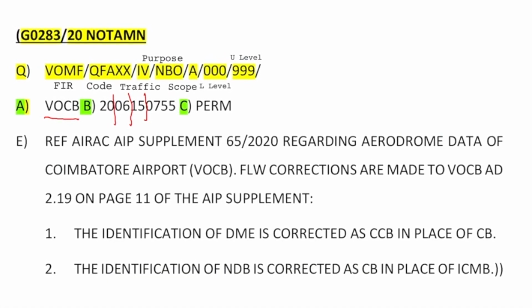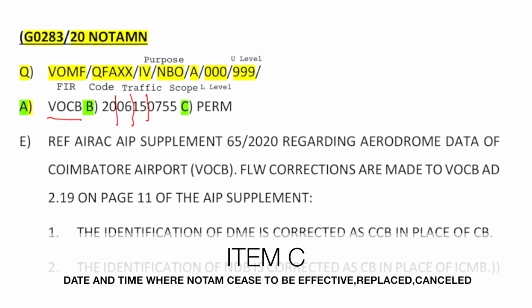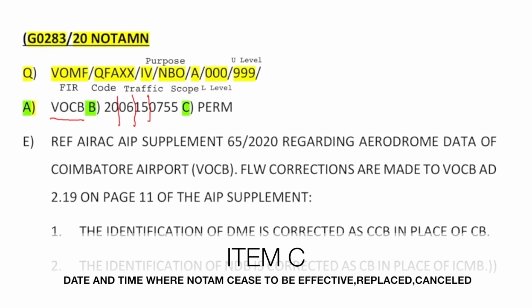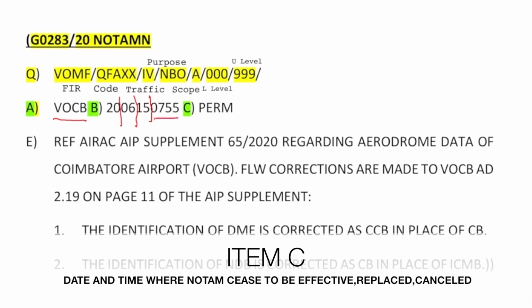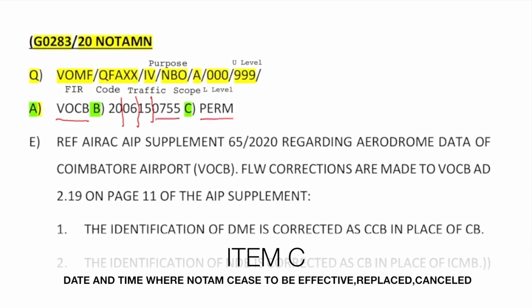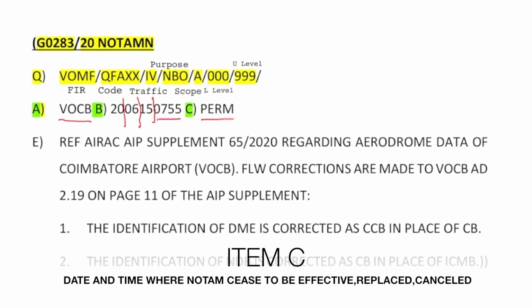Next is item C. Again, this means date and time group. But since this is NOTAM G, this will be lasting in nature, so that's why it's permanent. But if this was a new NOTAM or a replaced NOTAM, it would have a date and time where the NOTAM would cease to be effective and will have EST next to it.